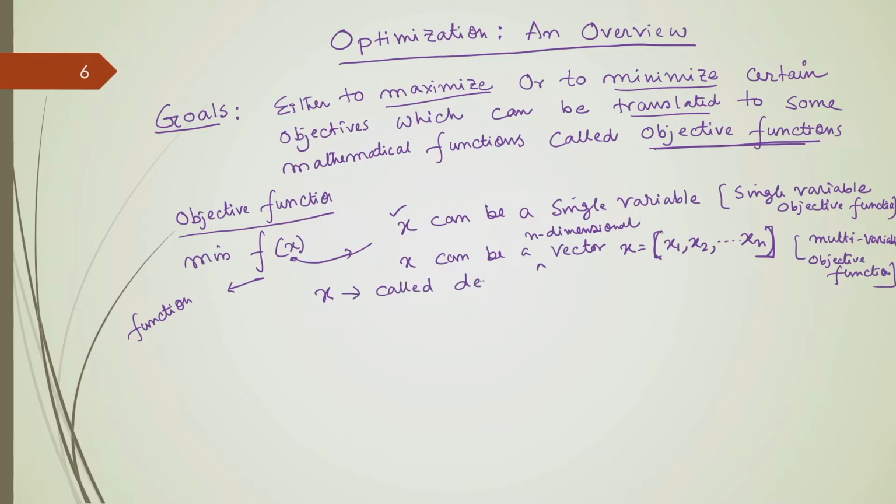Okay. And this x is called the decision vector, which consists of a number of decision variables.